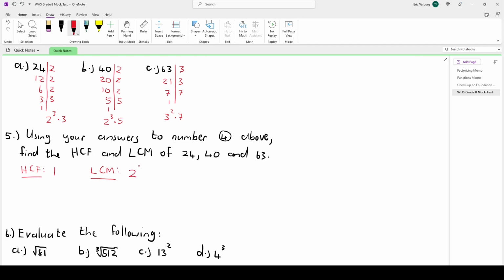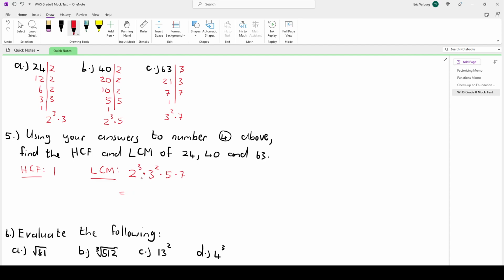So the 2 with the highest exponent is 2 to the power 3. Then we look at the next number, 3. Okay, 3 to the power 1, 3 to the power 2, that's the biggest, so we use that, 3 to the power 2. Next we have a 5, 5 to the power 1 is the biggest, and then finally we have the 7. So 7 to the power 1 is the biggest 7.